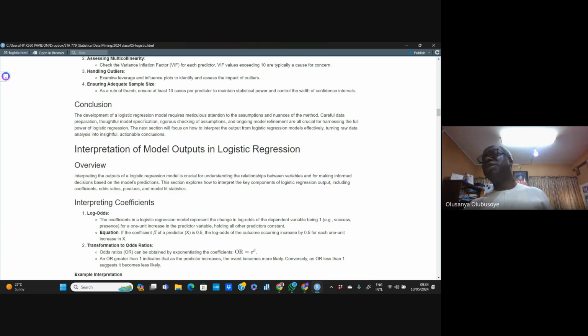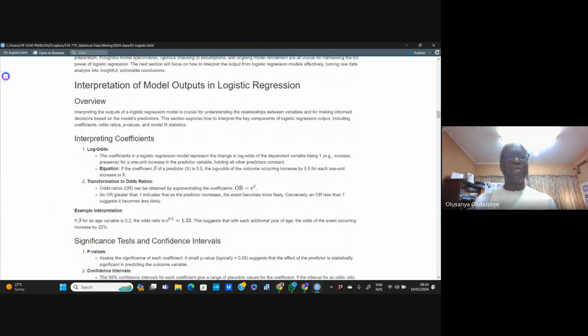But for the predictor variables, you can do scaling, you can do any other form of transformation. For instance, if you have multi-collinearity, you might have to use principal component analysis to address the multi-collinearity problem. So there might be need for transformation to get rid of it. Does that answer your question?